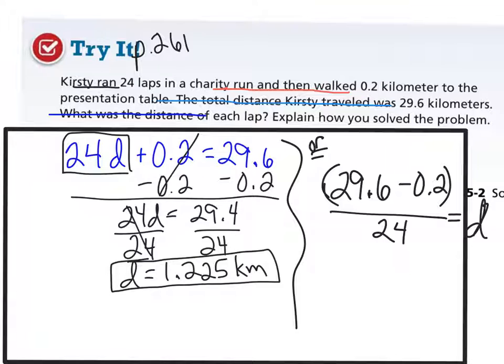So that would be another option, and you'll notice you're basically doing the same steps that we did on the other one. It just looks completely different.